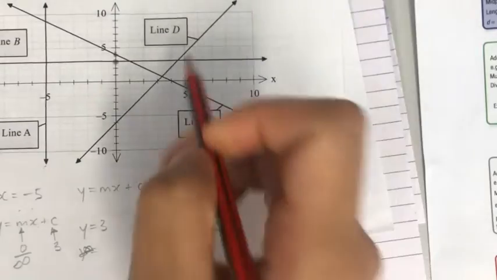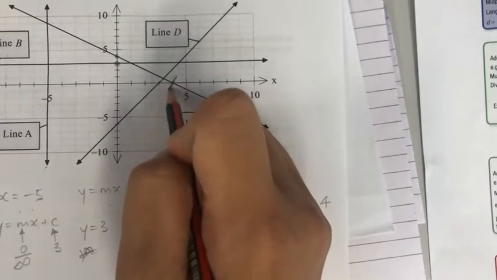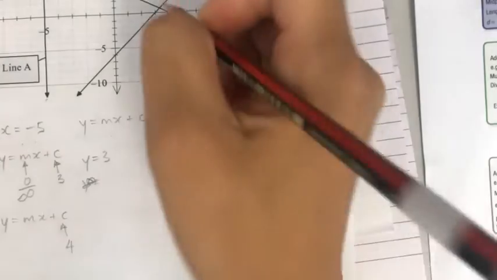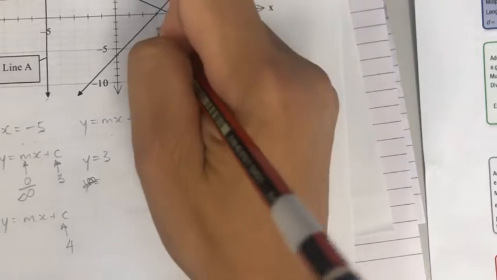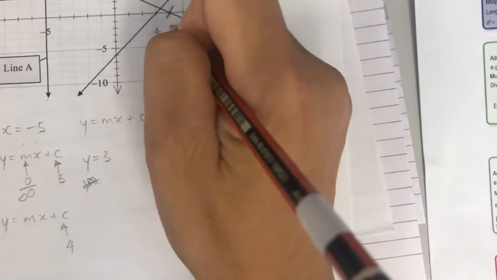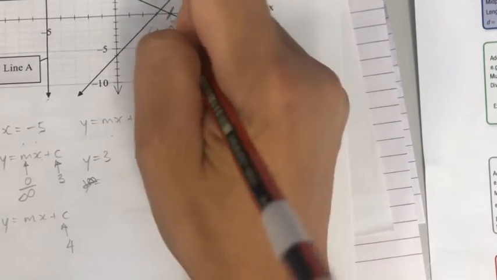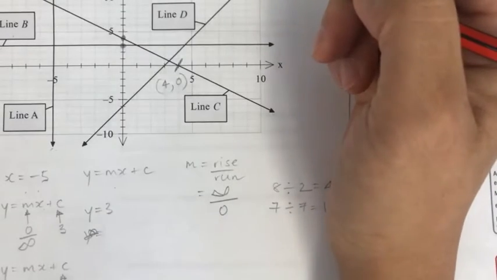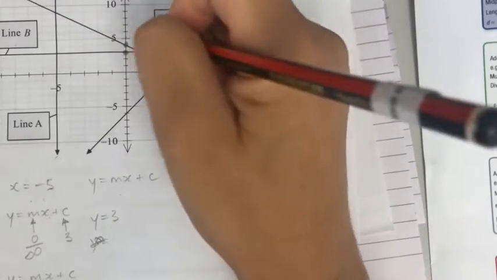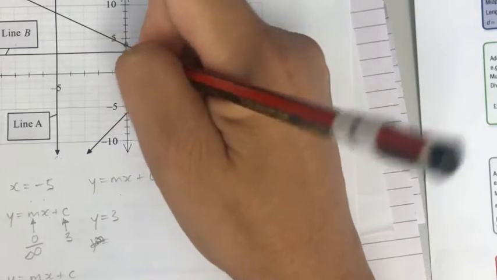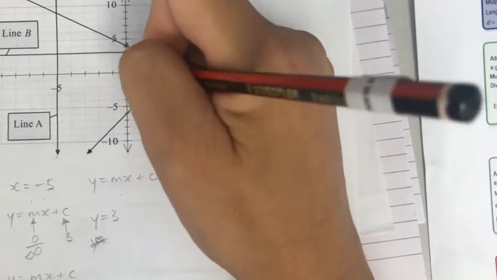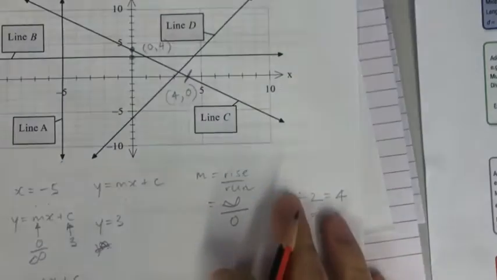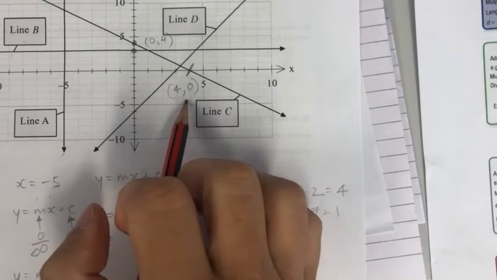So on line C, the x-intercept here is the coordinate 4 with the y position of 0. And this one here, which is also 4, is an x position of 0 because it's right here, and a y position of 4. So now I have 2 coordinates.